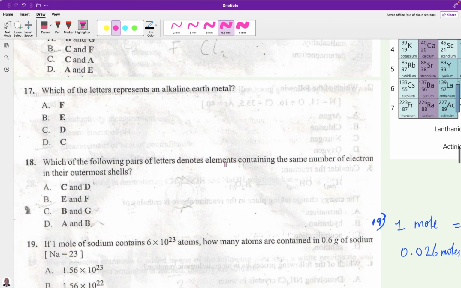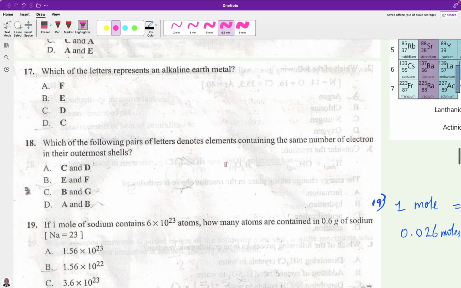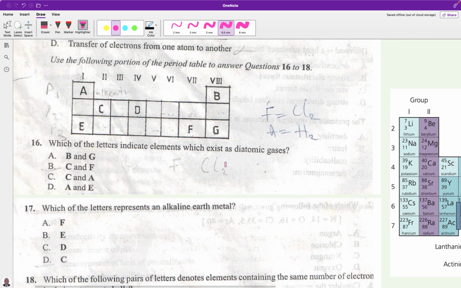Okay, let's go to question number 17. Which of the letters represent an alkaline earth metal? Alkaline earth metals are all group 2 metals. So in that case, C is the right answer.